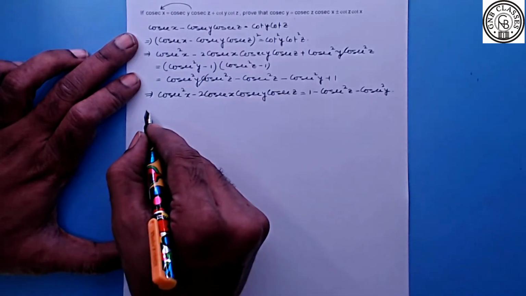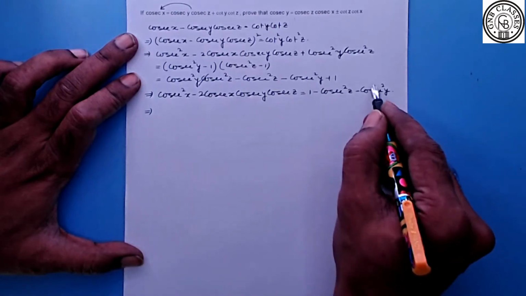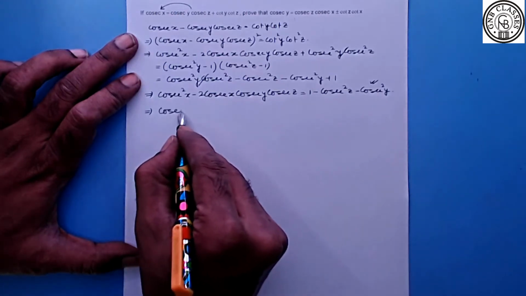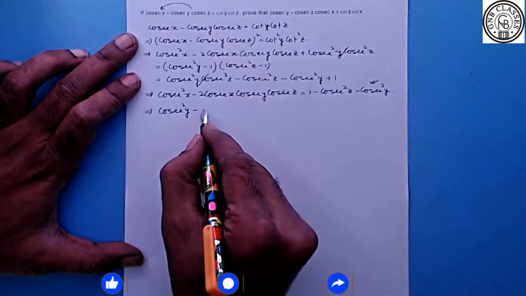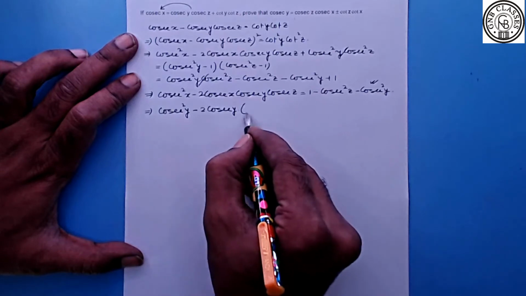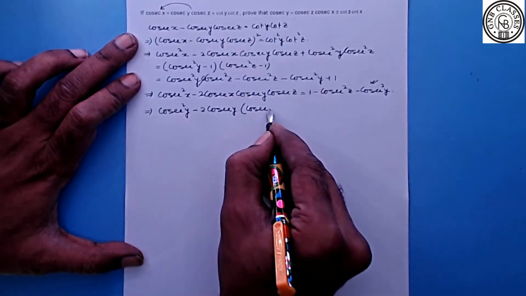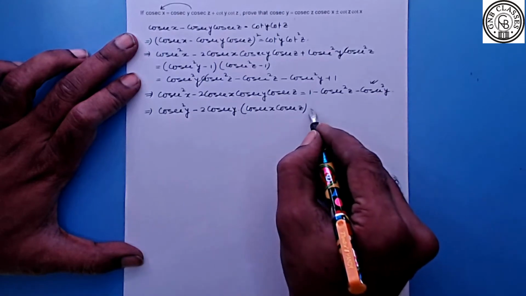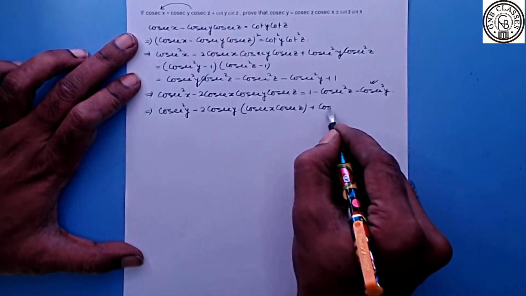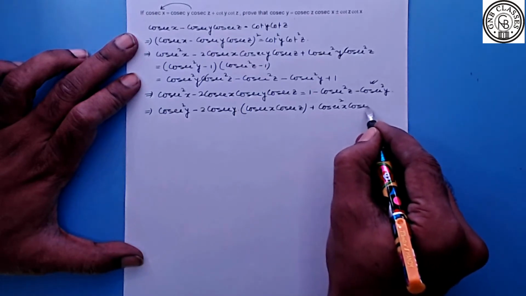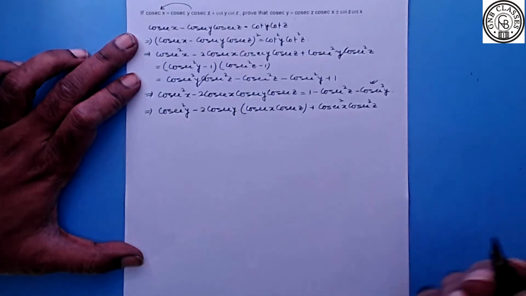Now what I'm doing is I'm taking this cosec square y in the left hand side and writing this thing in this way, cosec y, cosec x, cosec z, and I'm adding square of cosec x and cosec z.